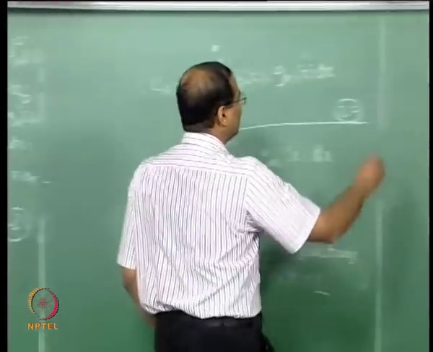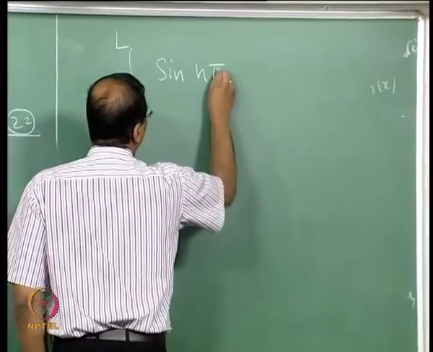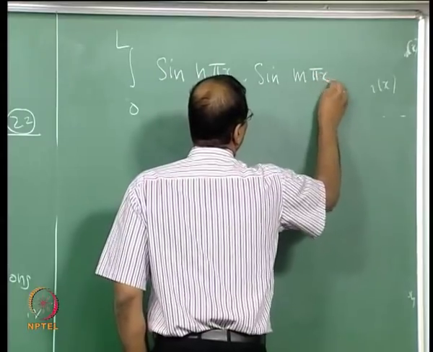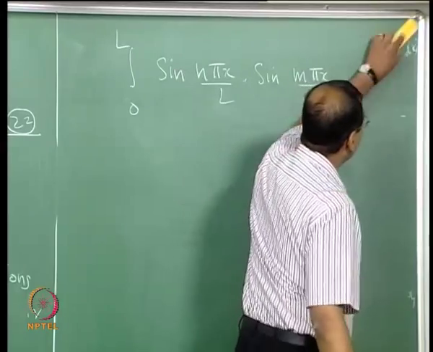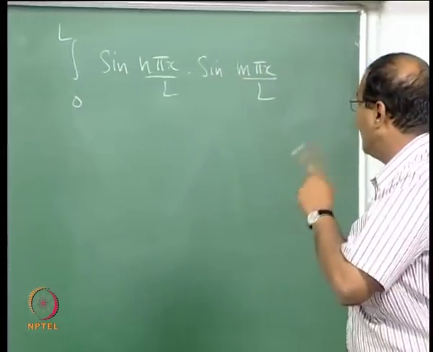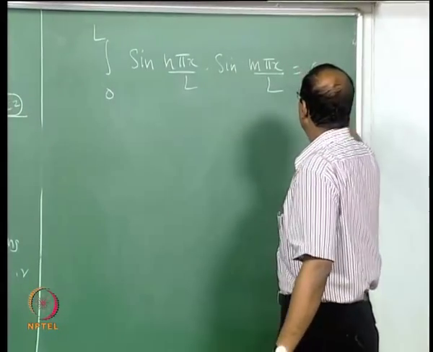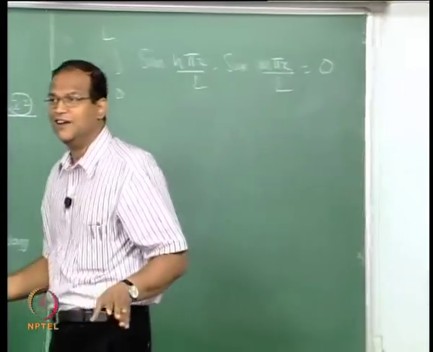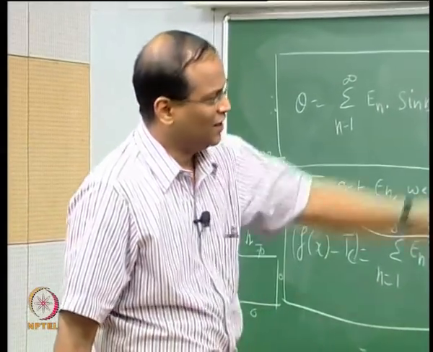Therefore I have to check in the interval 0 to L. It should satisfy two things: the integral from 0 to L of sin n pi x by L into sin m pi x by L must first be 0, and when m is equal to n it should be non-zero. If that is also 0, game close, nothing. Therefore there are two things which it has to satisfy.